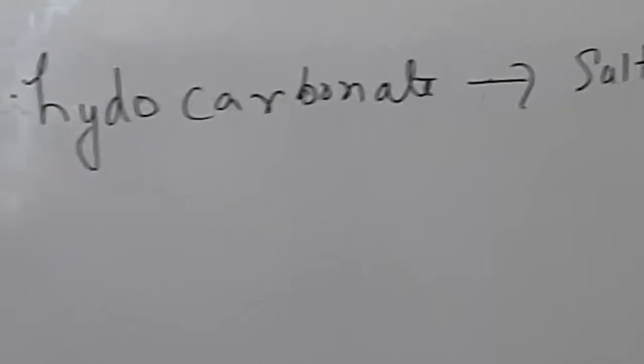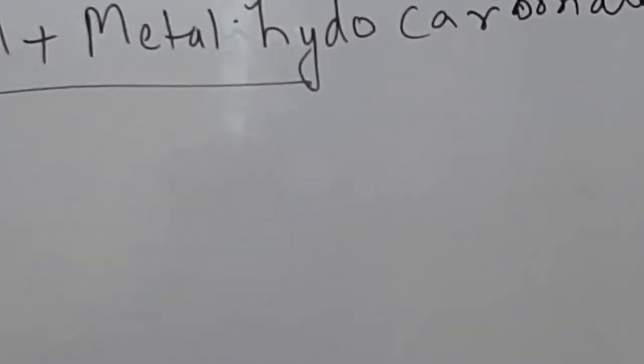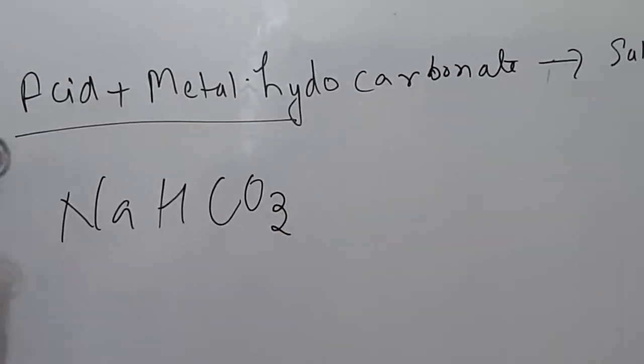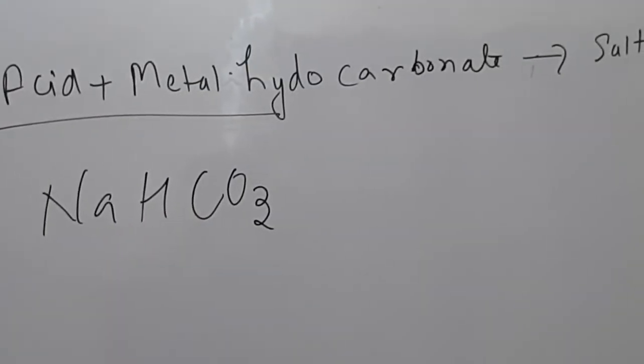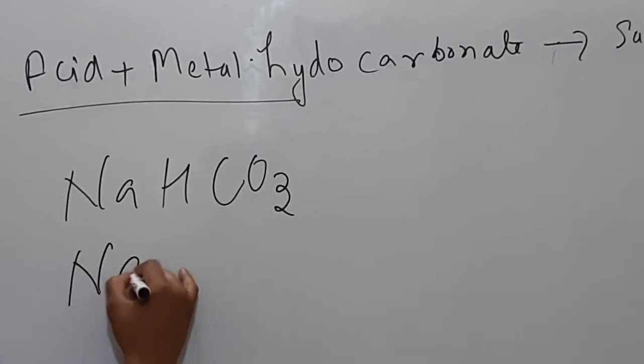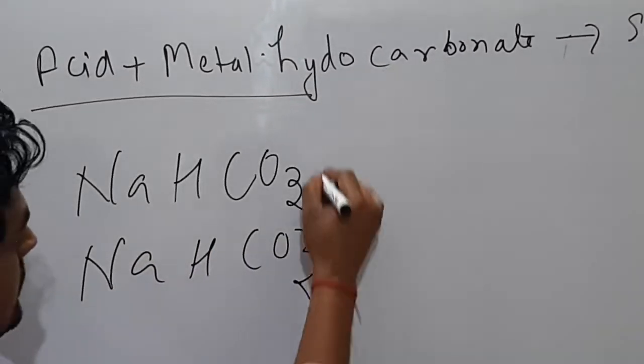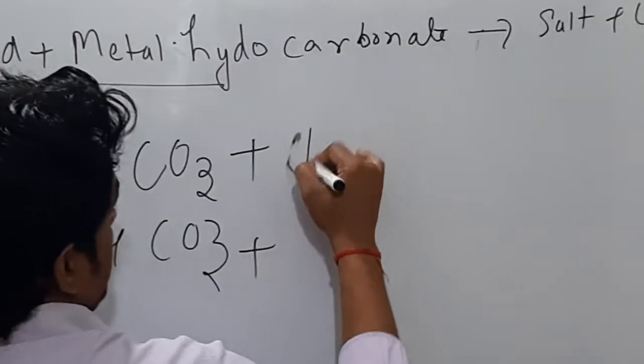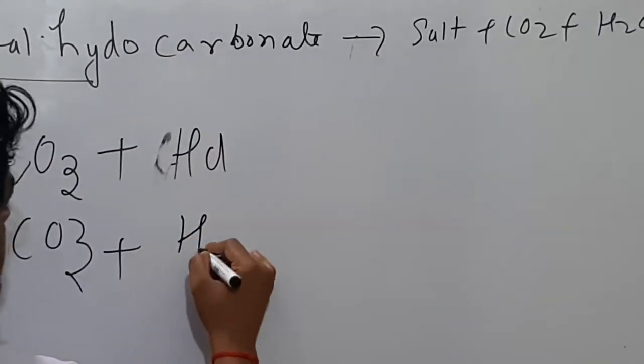Let's take some example. some metal hydrocarbonate को लेते हैं. पहले NaHCO3, it is the metal hydrogen carbonate. Again we'll take this one only. Let it react with first one HCl, and second with H2SO4.